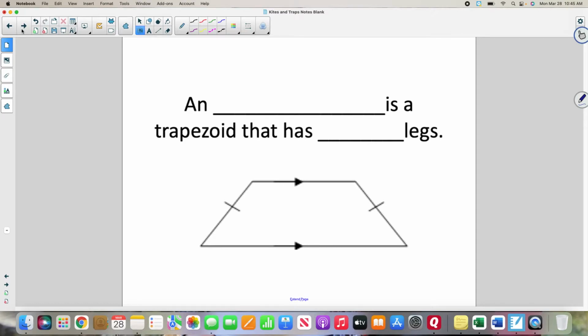An isosceles trapezoid is a trapezoid that has congruent legs. Not all trapezoids have legs that are congruent. If the legs of a trapezoid are congruent, then it's an isosceles trapezoid.